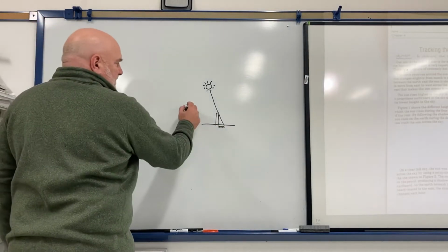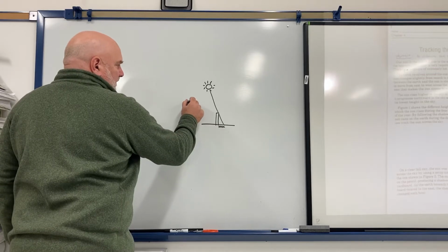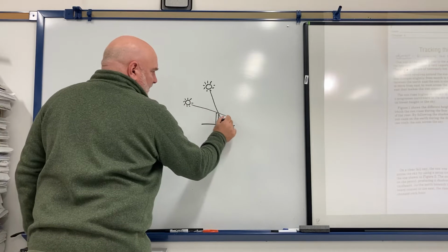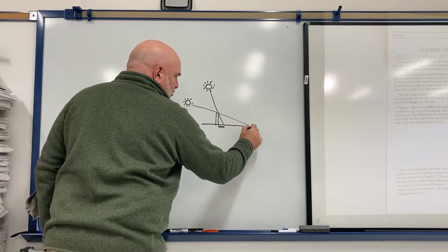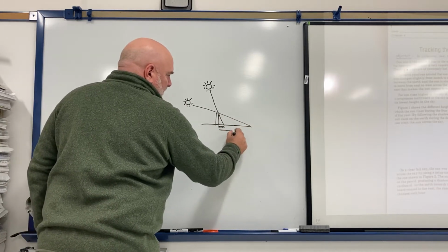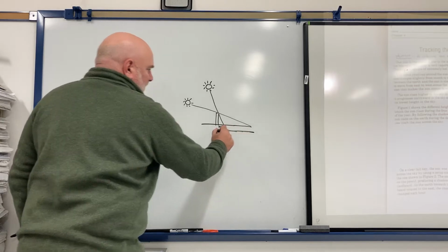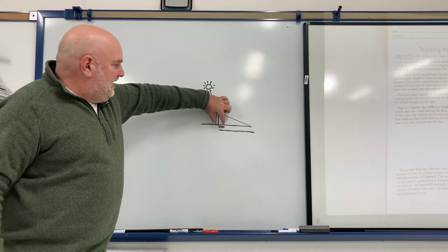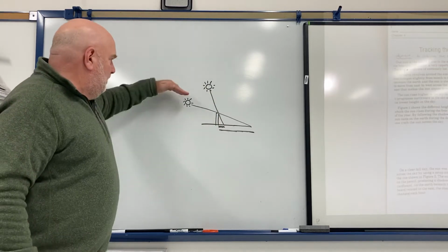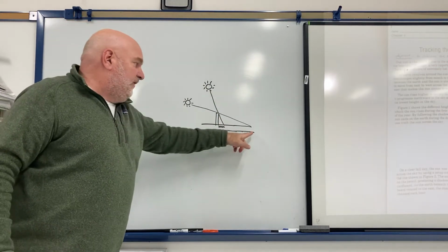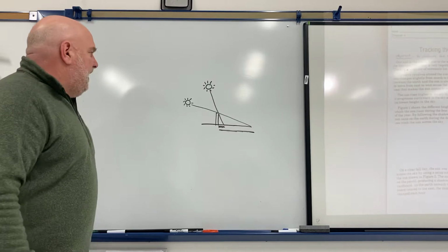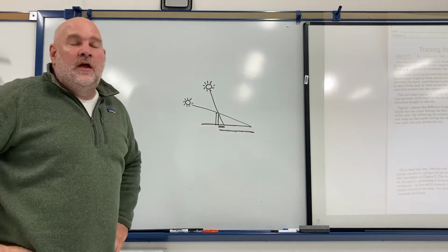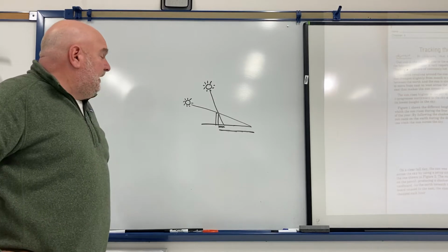If the sun is lower in the sky, then the sun would cast a shadow like that. All right? So when the sun's high in the sky, it casts a short shadow. When the sun's lower in the sky, it casts a longer shadow. And you could actually calculate what the altitude of the sun is based on the length of the shadow.